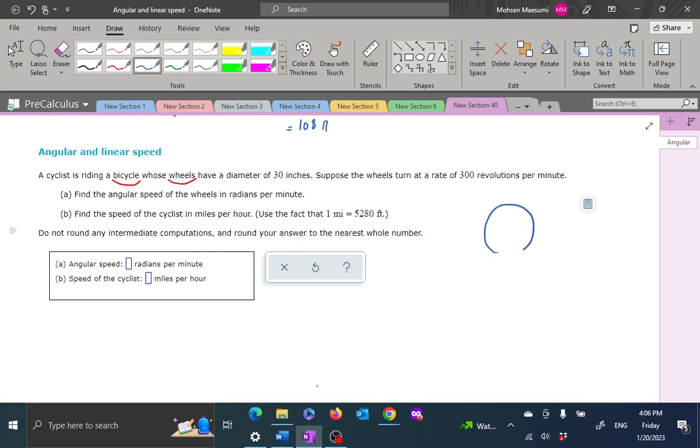So if you have a bicycle and here's a road and the bicycle wheel is not skidding, so you're not like on ice or something like that, the speed at which the bicycle travels is equal to the radius of your wheel times how fast the wheel turns.